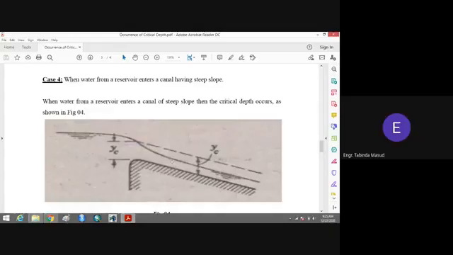When water enters from the reservoir into a steep slope, exactly at the entrance we will get the critical depth of the flow. And now if you extend the dotted line from here towards the upstream and downstream side, you will be able to know that here we have a subcritical state of the flow, and here we have the supercritical state of the flow.